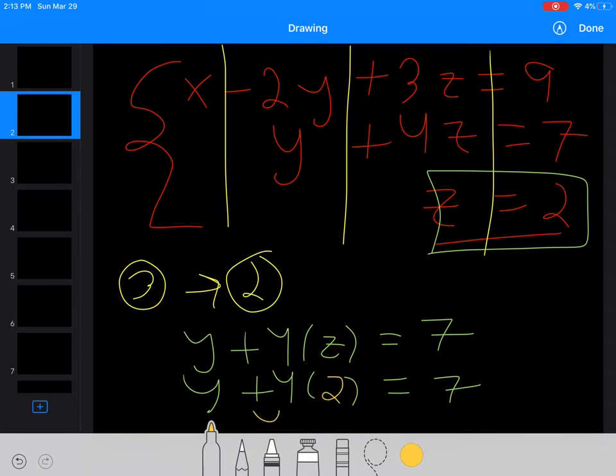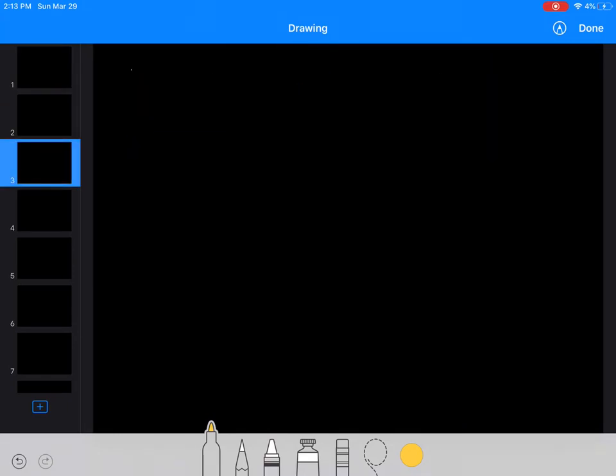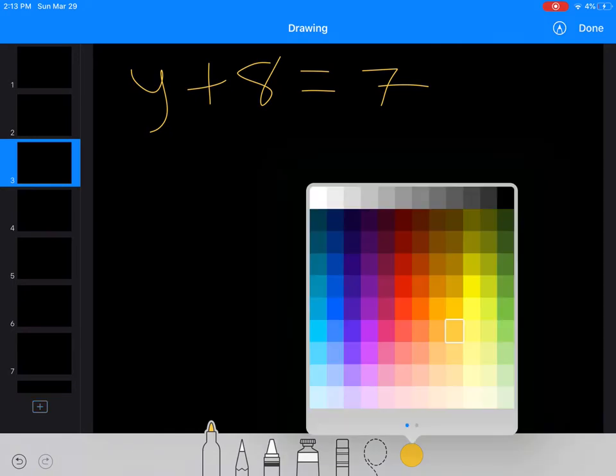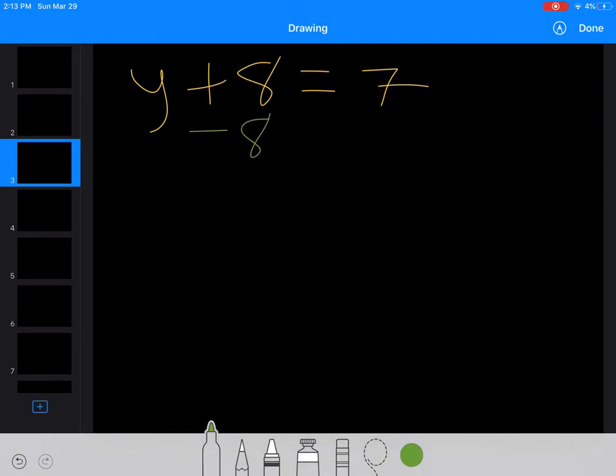So we'll get y plus 8, because 4 times 2 is 8, equals 7. When we subtract 8 from both sides of the equation to get y by itself, we get y equals negative 1.